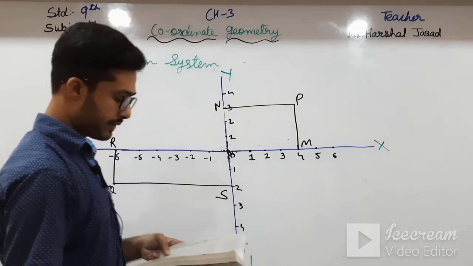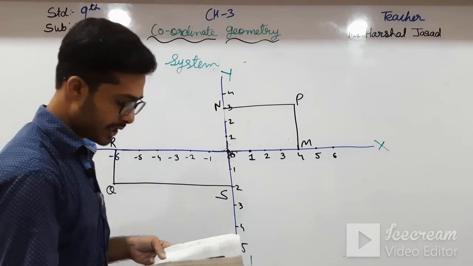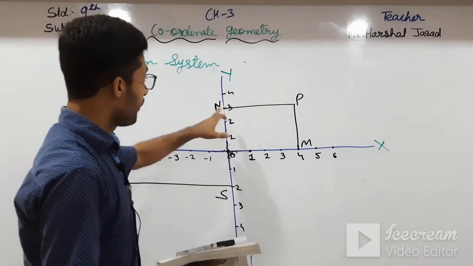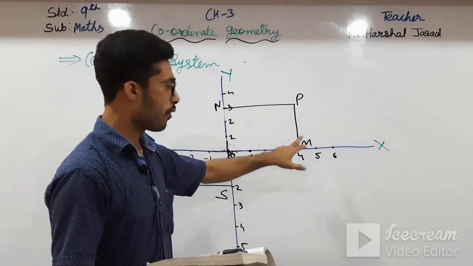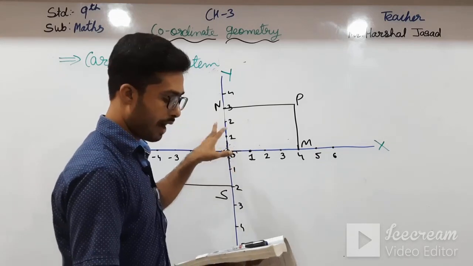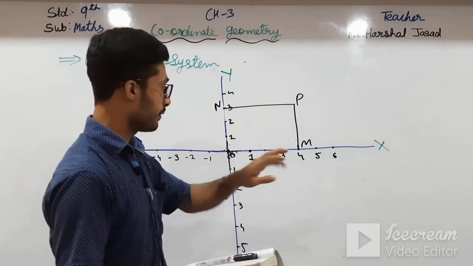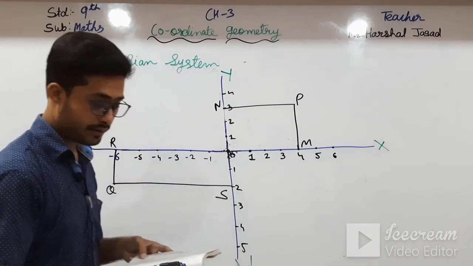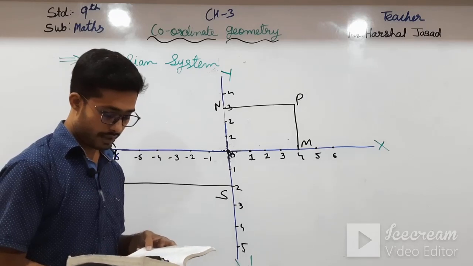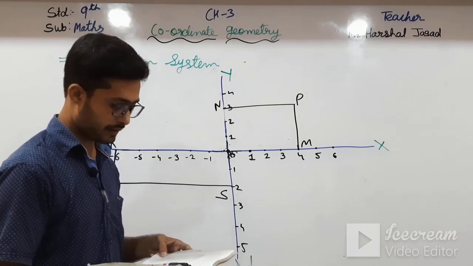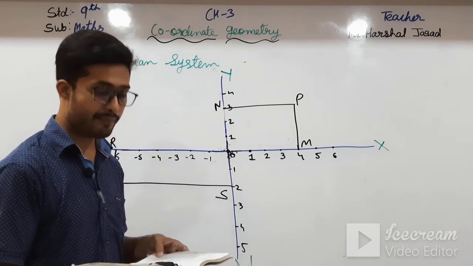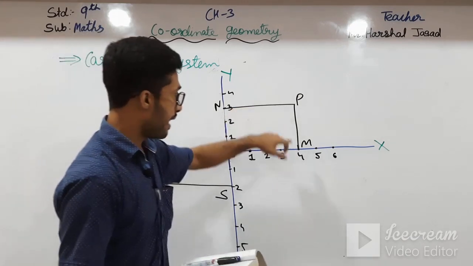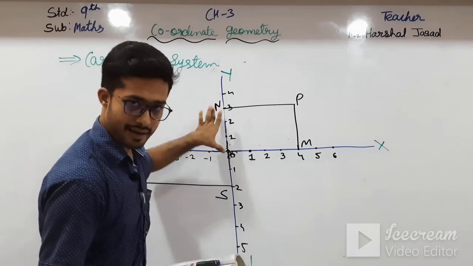The perpendicular distance of the point P from the y-axis measured along the positive direction of the x-axis is PN, and OM or MO is how many units? 4 units. Second point, the perpendicular distance of the point P from the x-axis measured along the positive direction of the y-axis is PM, or ON, equal to 3 units.